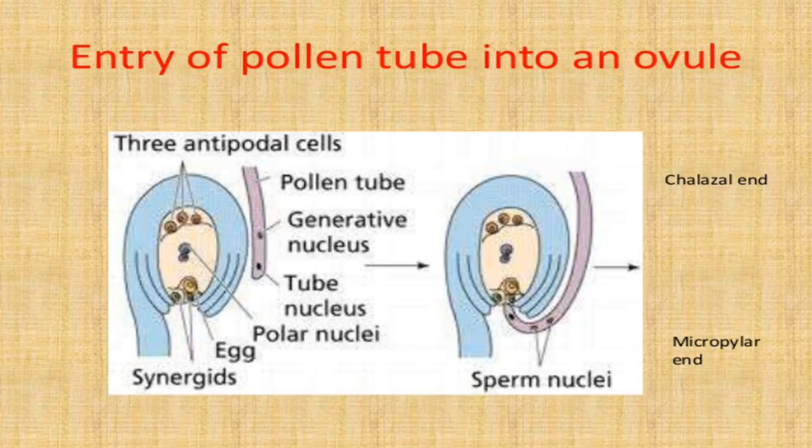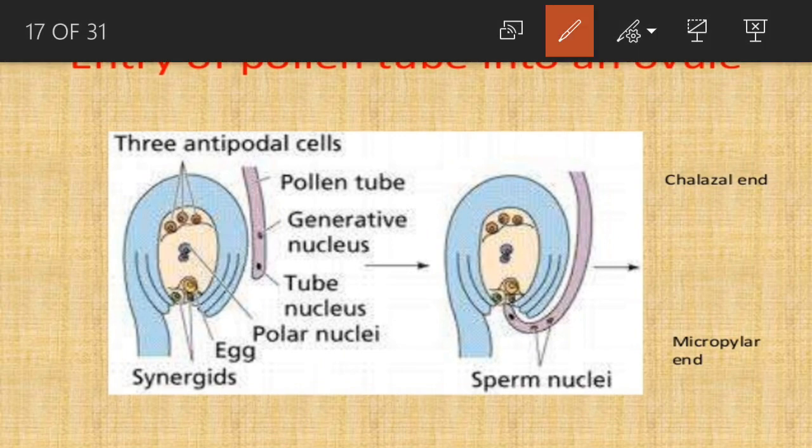Now this diagram shows the entry of the pollen tube into the ovule. The pollen tube contains the generative nucleus and the tube nucleus. It enters through the micropylar end. One of the male nuclei from the generative nucleus fuses with the egg, forming the diploid zygote, and the other fuses with the polar nuclei.